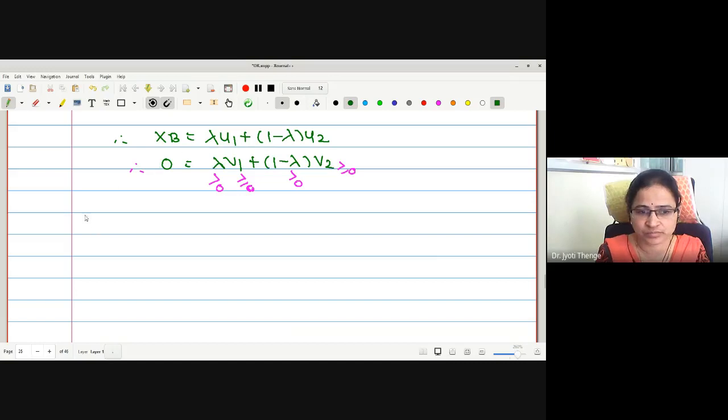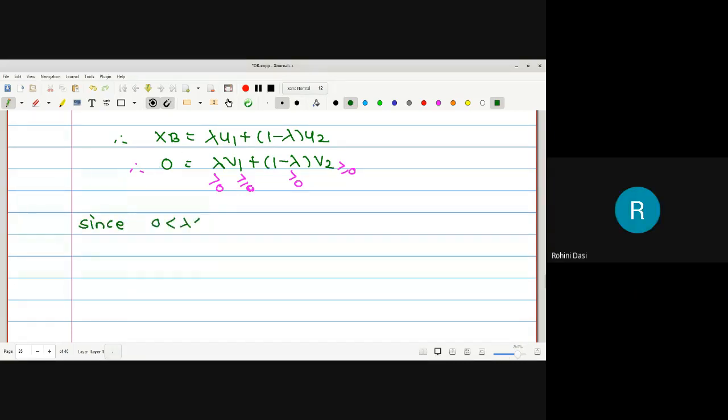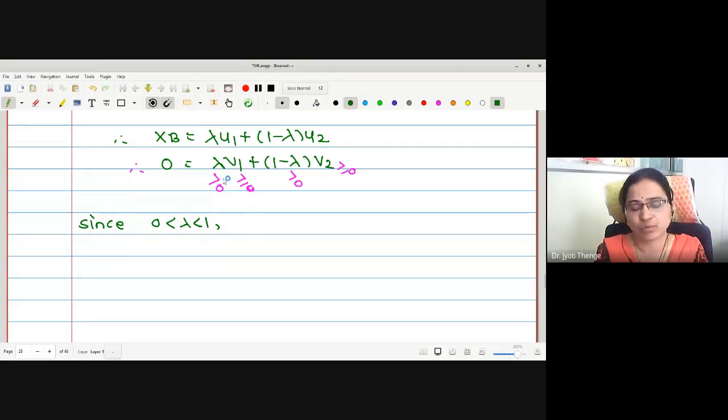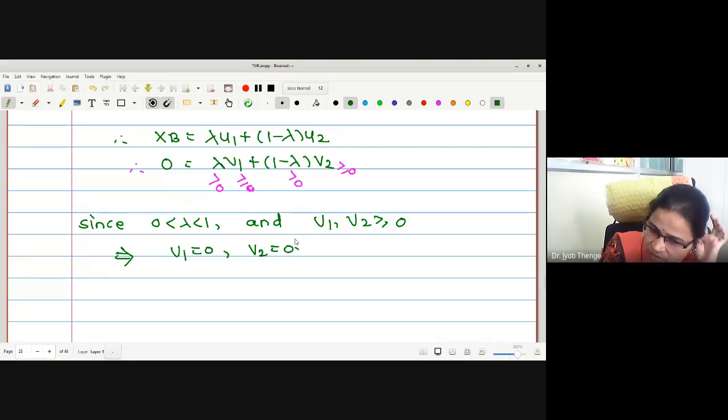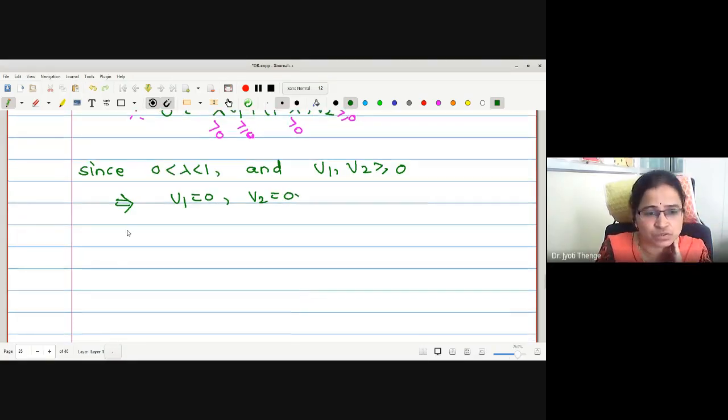If they themselves are 0. Yes, since both are equal to 0. Since lambda lies between 0 and 1 and v1, v2 are both greater than or equal to 0, this implies, may I write, v1 is equal to 0 and v2 is equal to 0.